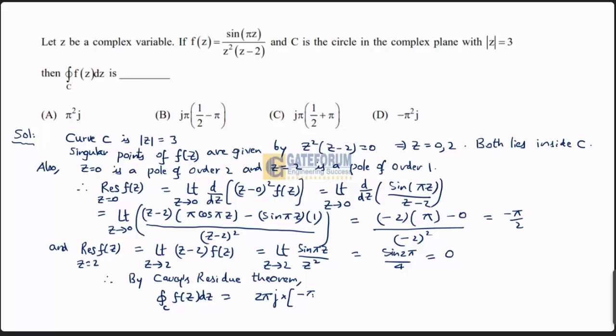So minus pi by 2 plus 0. This simplifies to minus pi square j. So this is the answer. Accordingly, the option is D. This is end of the question.